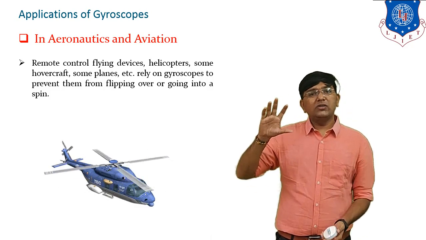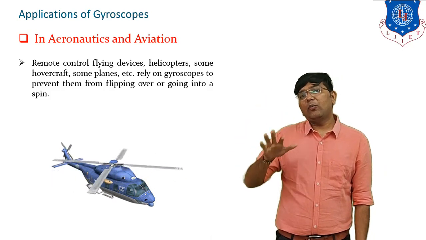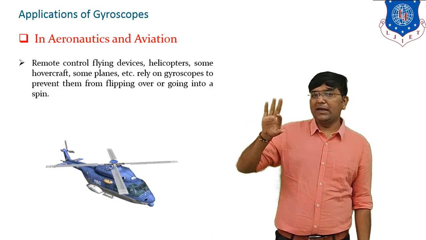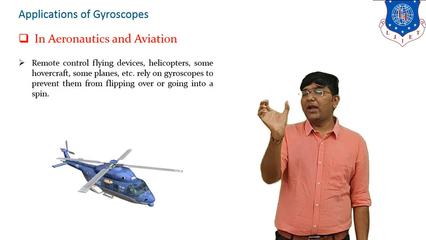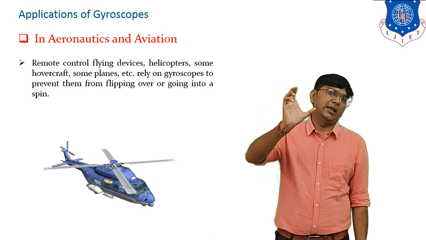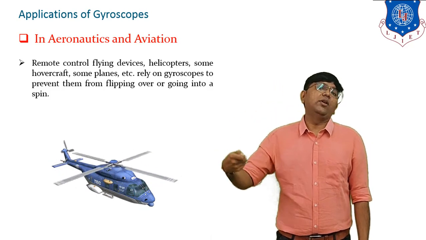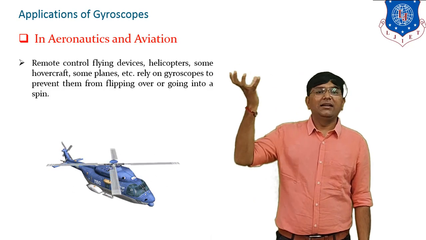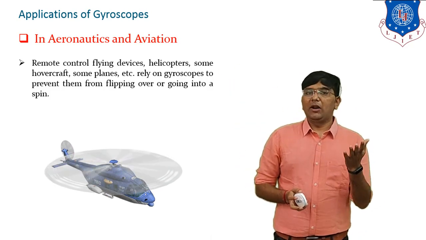So gyroscope is also used in the helicopter and in aeroplane. Whenever an aeroplane takes a left turn or right turn, at that time the gyroscope is used to find out the angle of turning, or to prevent it from flipping over in the space. So this is the simple application of gyroscope in aeroplane.